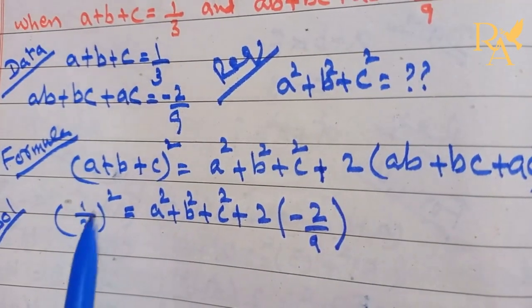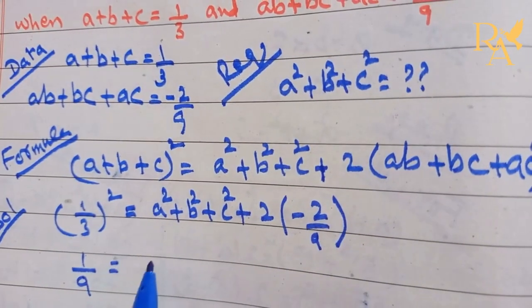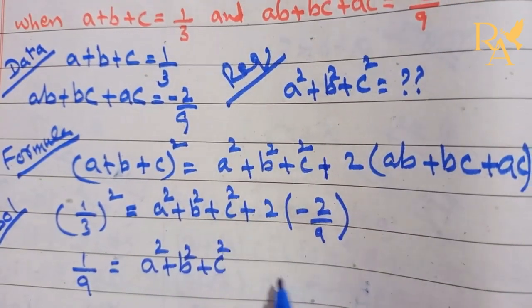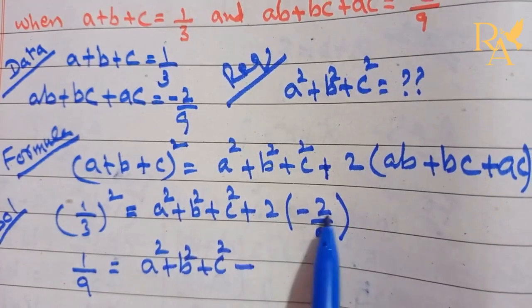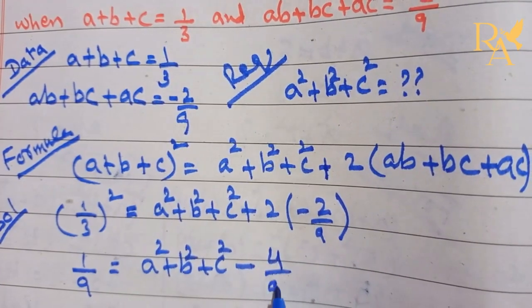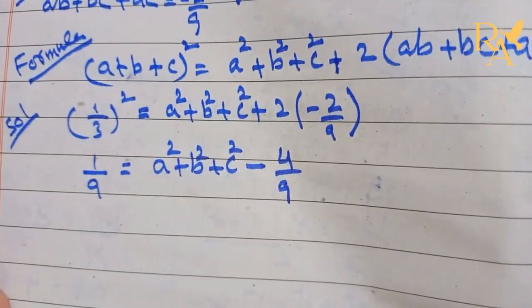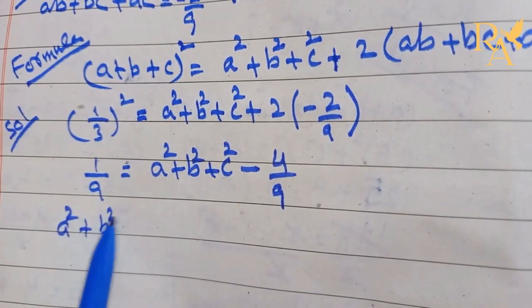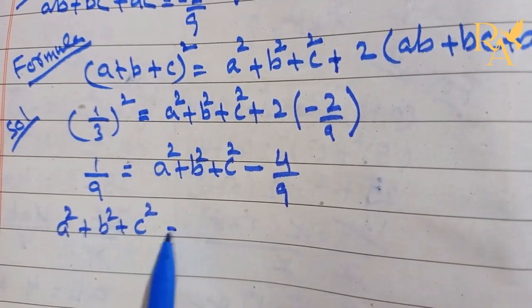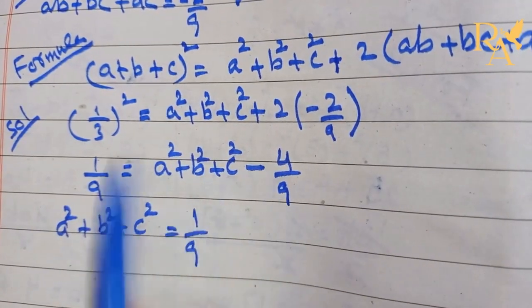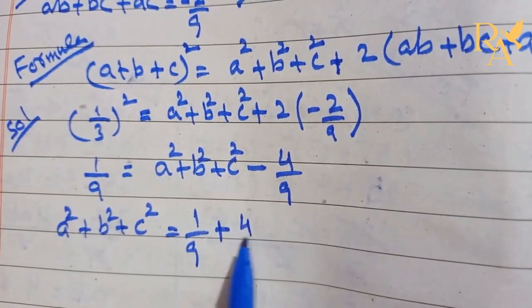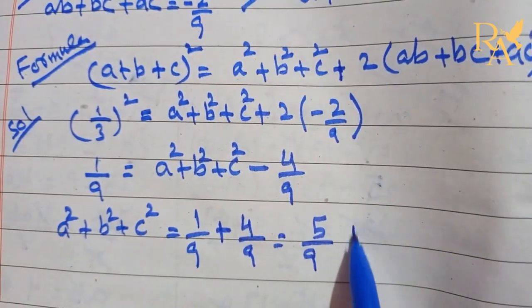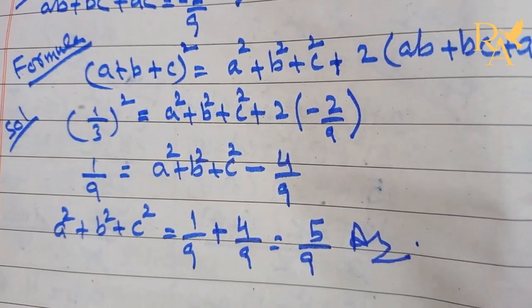So 1 upon 9 is equal to A square plus B square plus C square plus minus 4 upon 9. A square plus B square plus C square is equal to 1 upon 9 plus 4 upon 9, which is equal to 5 upon 9. 5 upon 9 is the answer of the given question.